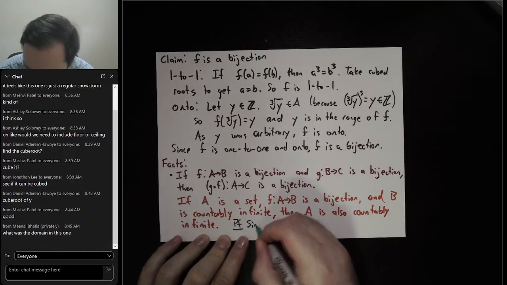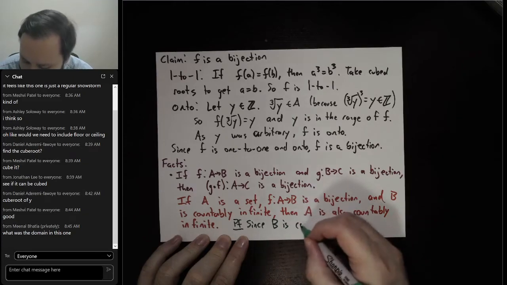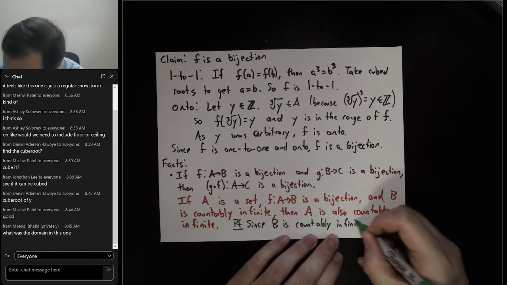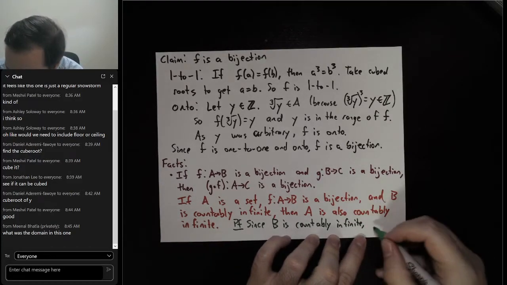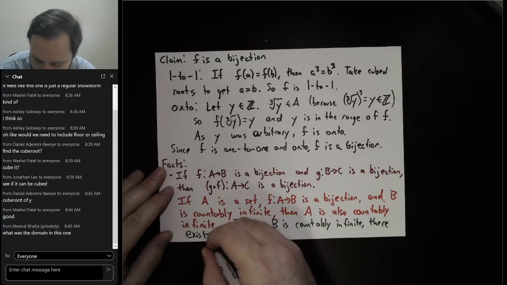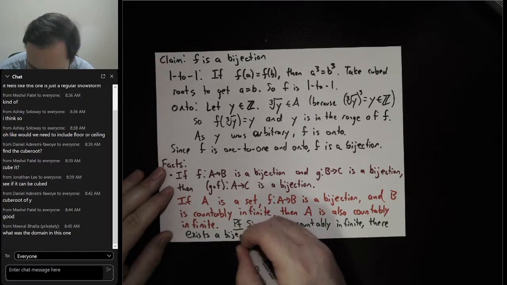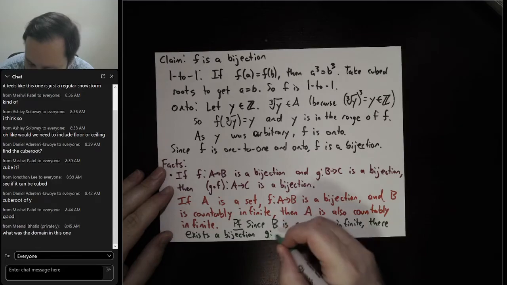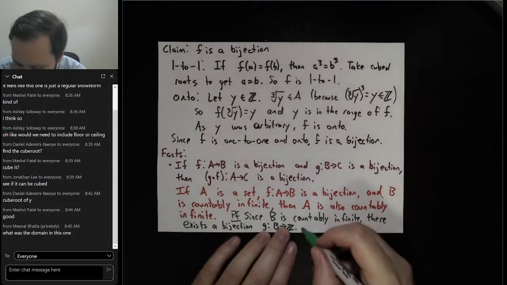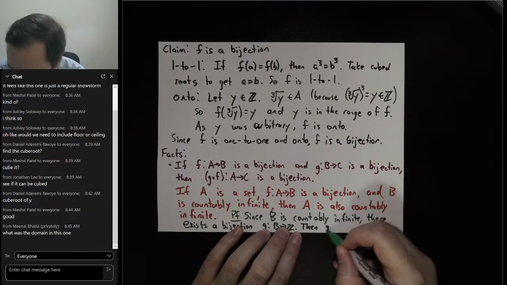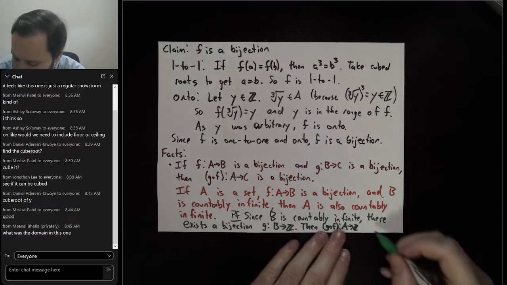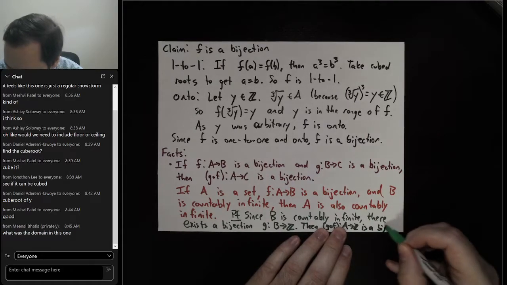Since B is countably infinite, there exists a bijection G from B to the integers. That's by the definition of countably infinite. And then G composed with F is a function from A to the integers. That's a bijection.